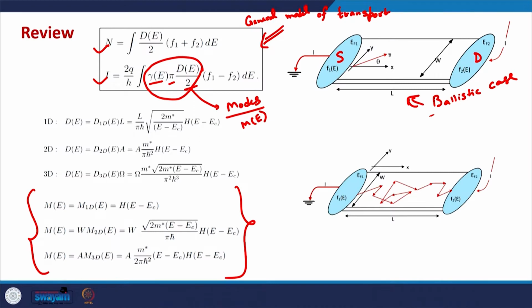In this kind of transport, the electron only traverses through one energy level, so to say, or one conduction pathway. But this is true when the conductor is small in length. More specifically, when the channel length is less than the mean free path of the electrons, then the ballistic transport condition holds true.